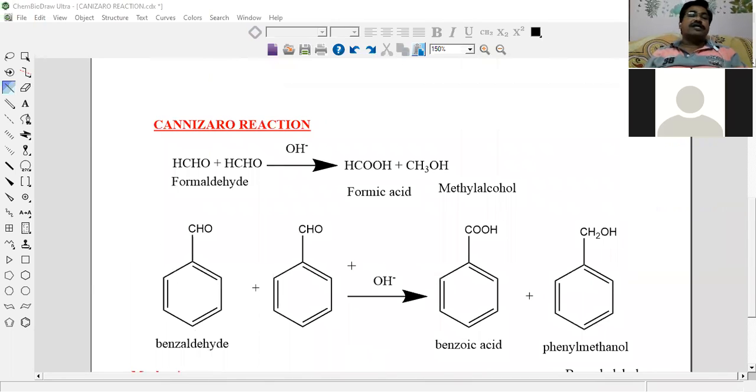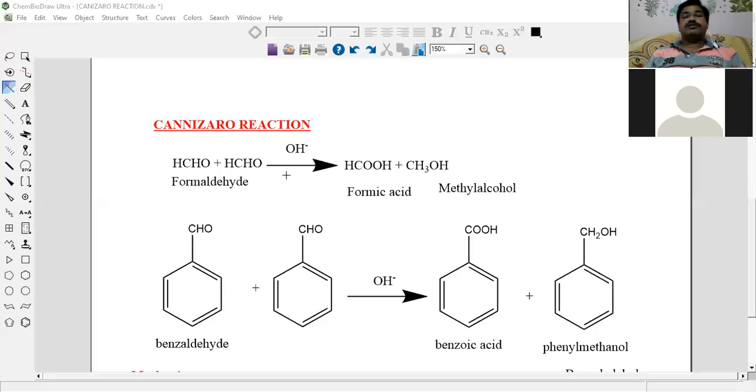The formation of a carboxylic acid from an aldehyde is called an oxidation reaction. Why? Because there is addition of oxygen. Aldehyde to carboxylic acid, one oxygen is added. That's why this reaction is called oxidation. Whereas for the other molecule, aldehyde to alcohol, there will be addition of hydrogen. That means it is a reduction.